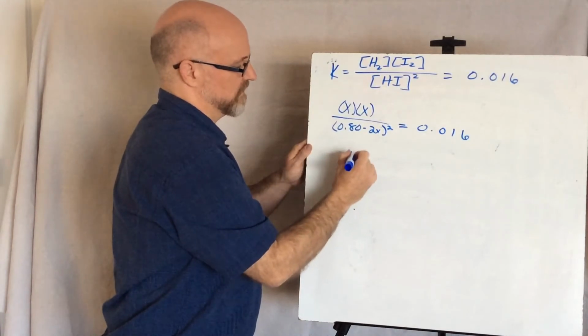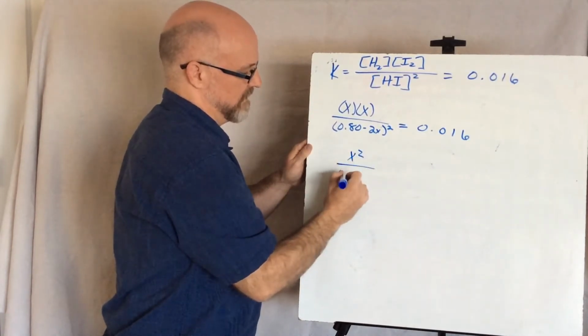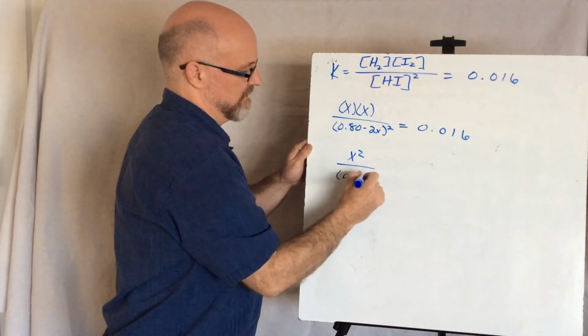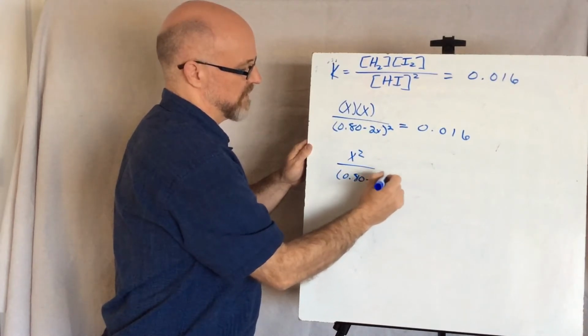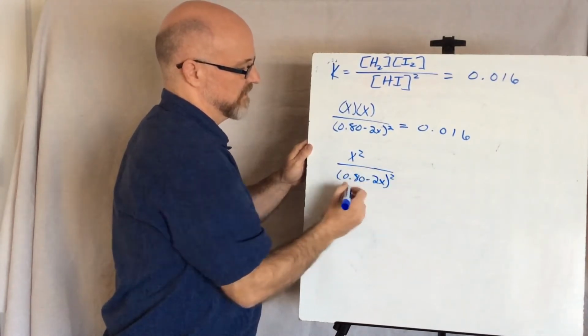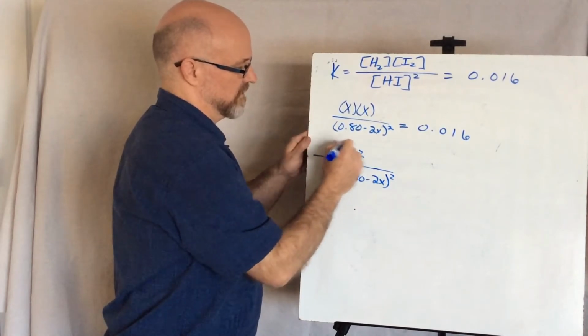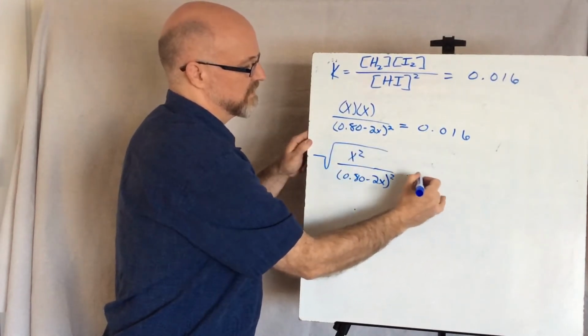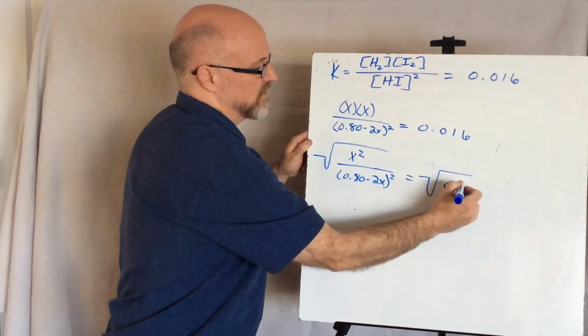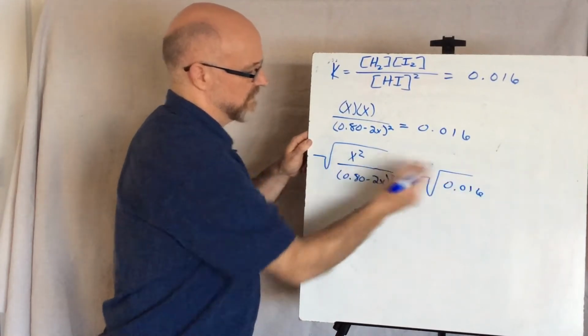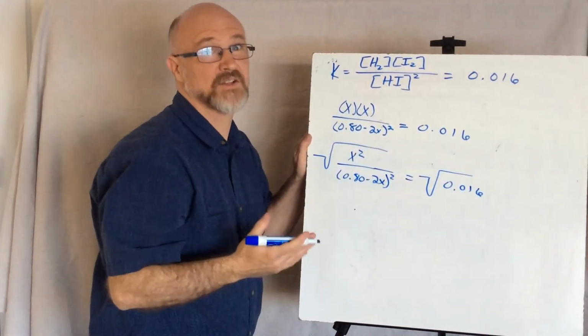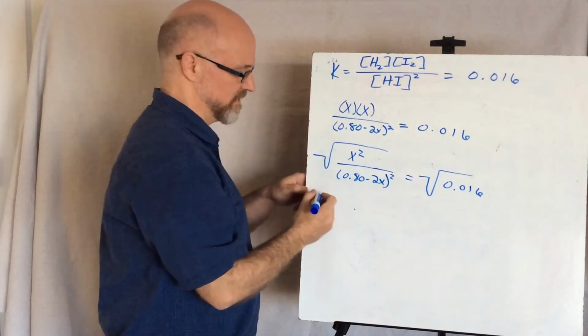I'm just going to be clear about my steps here. Both of those are squared. This works out nicely. If I take the square root of that side and the square root of 0.016, I can make my algebra life a little easier.